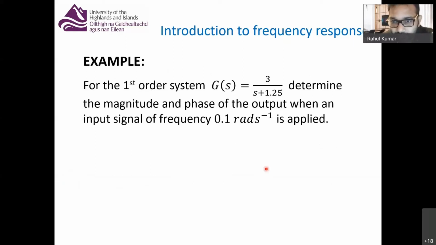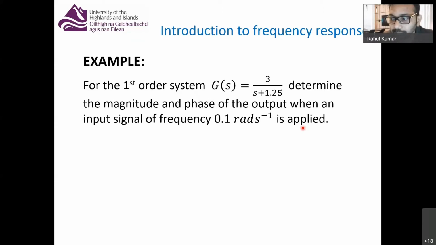So for the first order system, you are given the transfer function. You have to determine the magnitude and the phase of the output when the input signal of frequency 0.1 radians per second is applied.